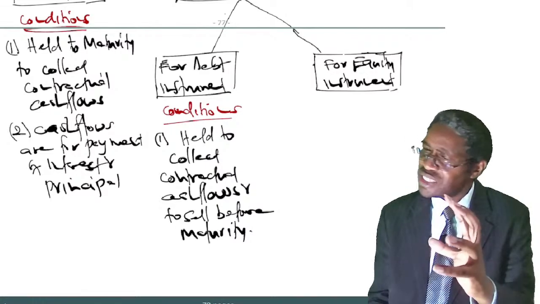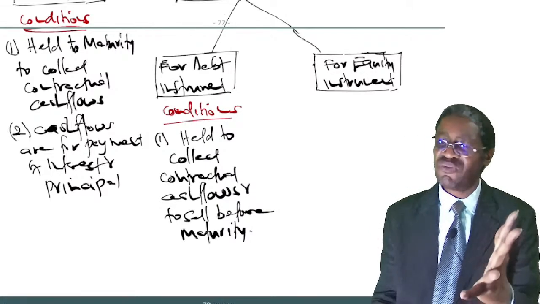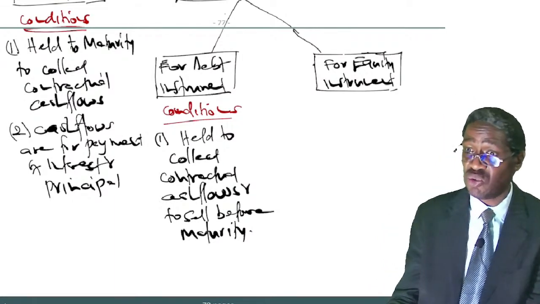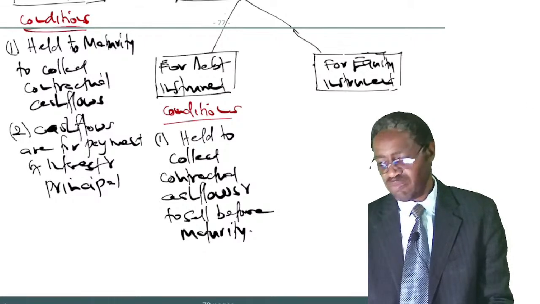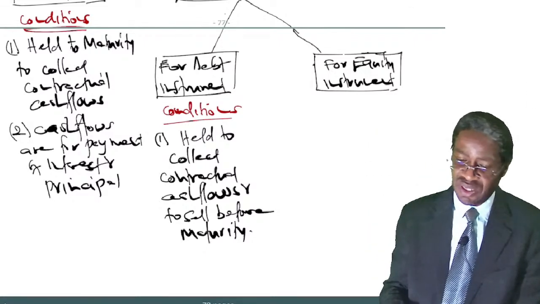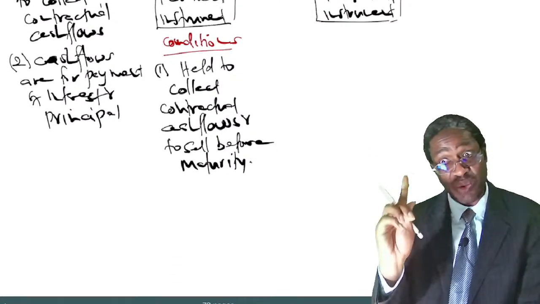I'm not saying you must sell. The market may not favor you, so you might keep it until it matures. But your objective is to sell before maturity. Therefore, that's number one.